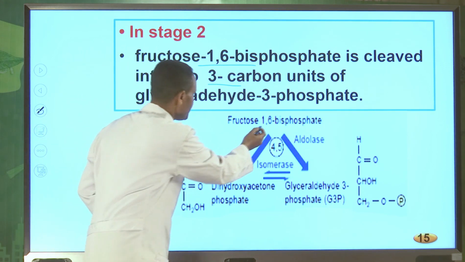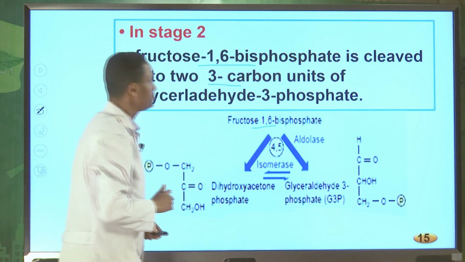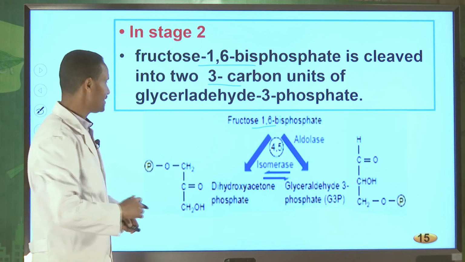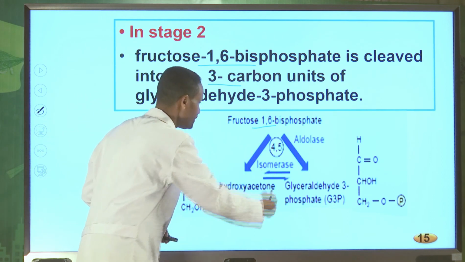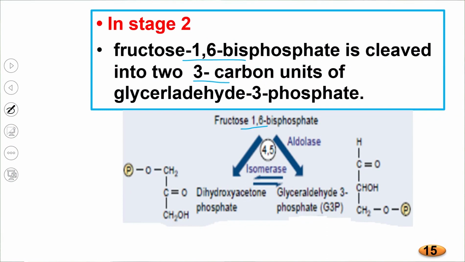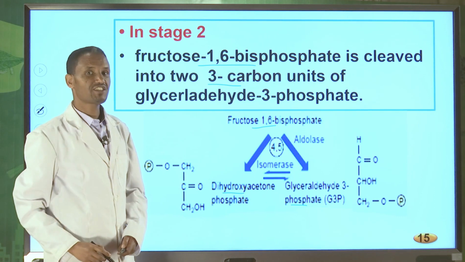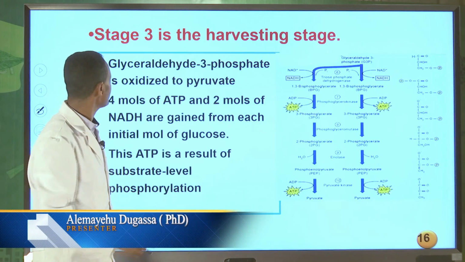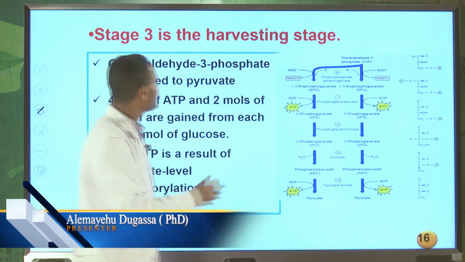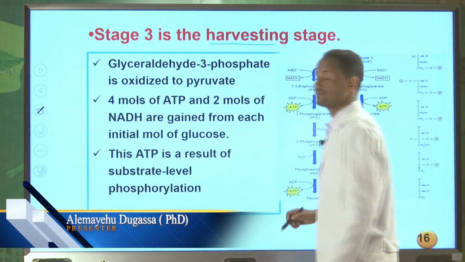That means this compound is cleaved into 2 compounds containing 3 carbons: dihydroxyacetone phosphate and glyceraldehyde 3-phosphate.